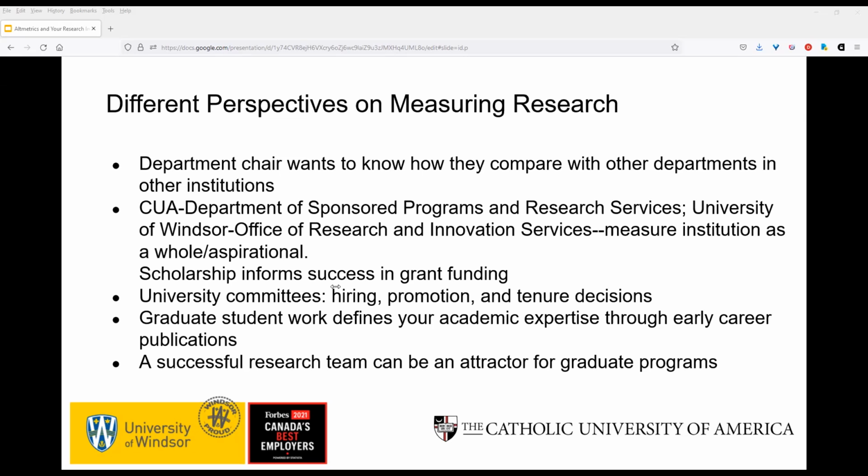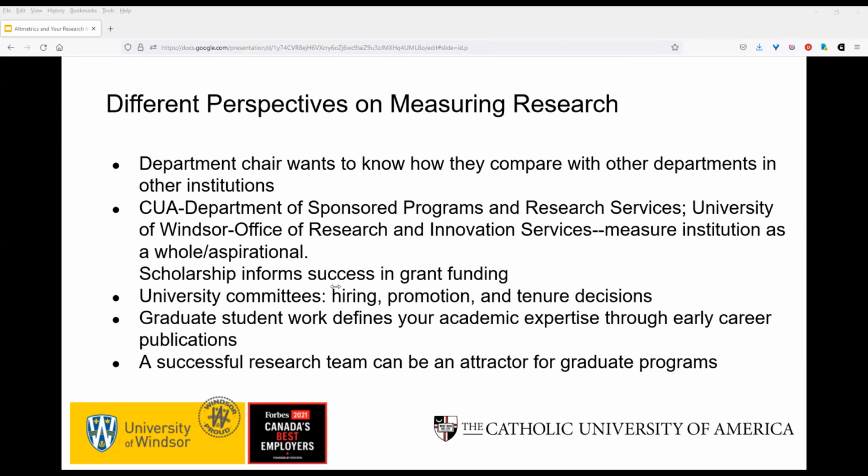So what are the different perspectives on measuring research? Well, the question we have to ask is, who's interested in measuring research output? Who are the stakeholders here? First up, department chairs. They'll be interested in comparing their departments with other departments at other institutions.